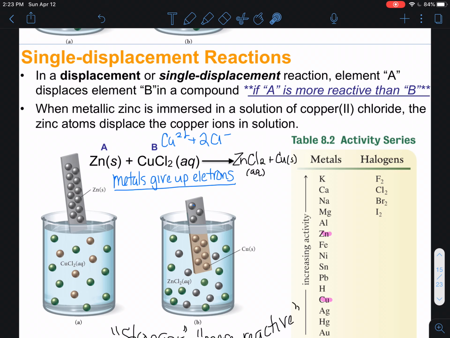So zinc ends up pairing with chloride here, and copper is forced to plate out, or form a solid, right? Whether or not copper takes its electrons back from chloride and then zinc gives it to it, we don't really know. Either way, we know the end result.